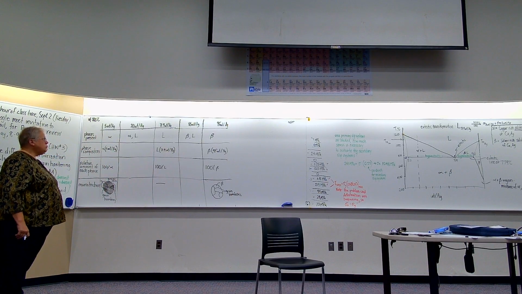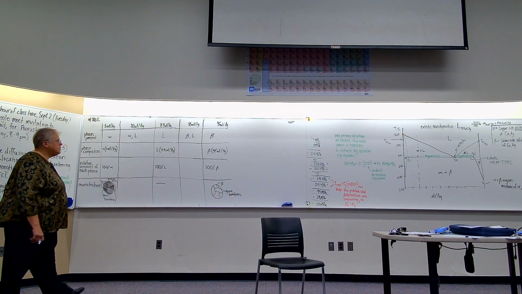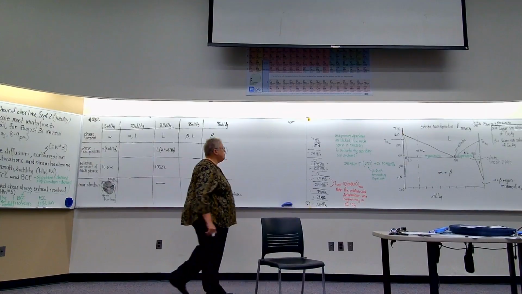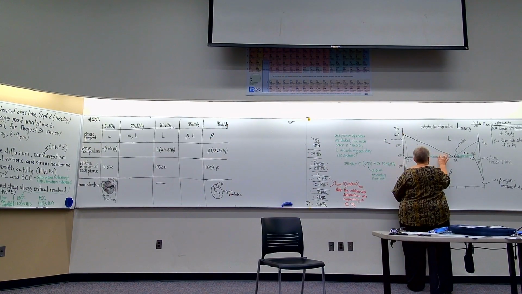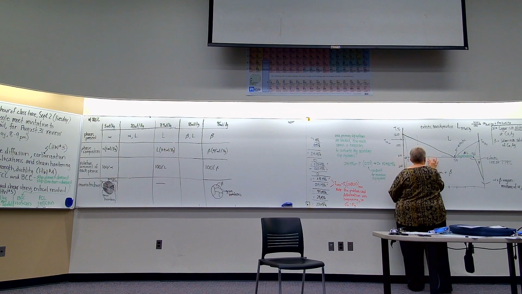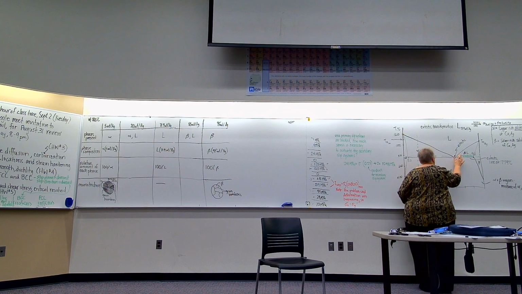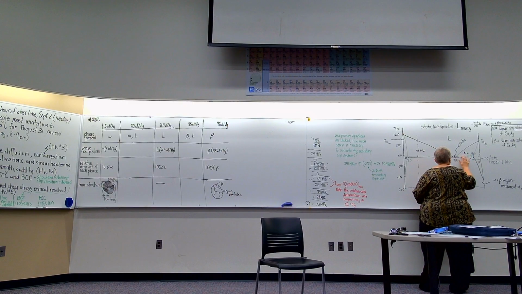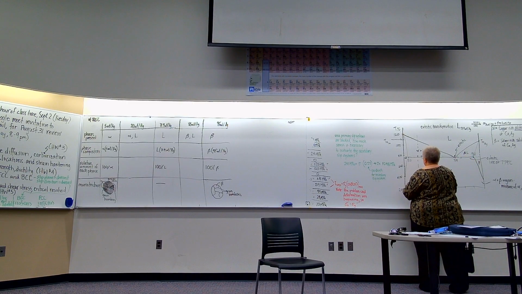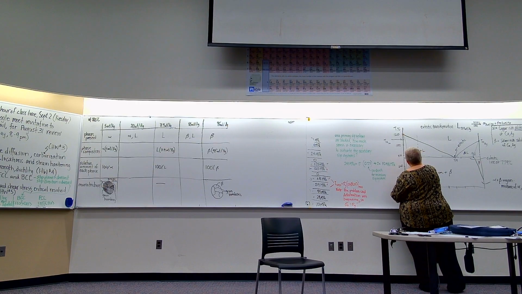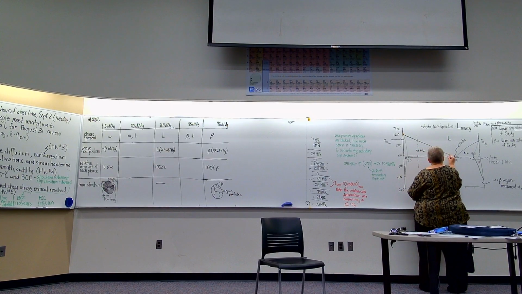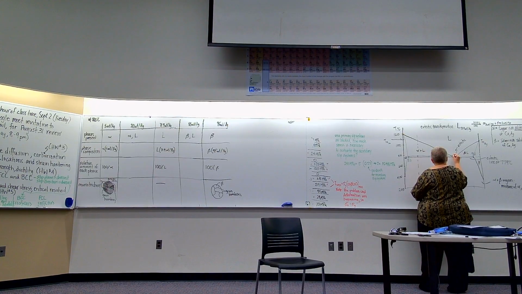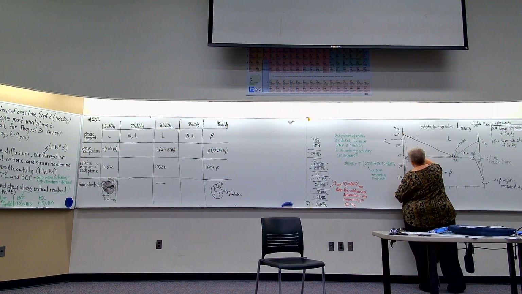Okay, what about the two-phase regions? I'm going to take this off here so I can make the 800-degree line. So I draw a line all the way across the two-phase region. And the endpoints tell me my compositions.